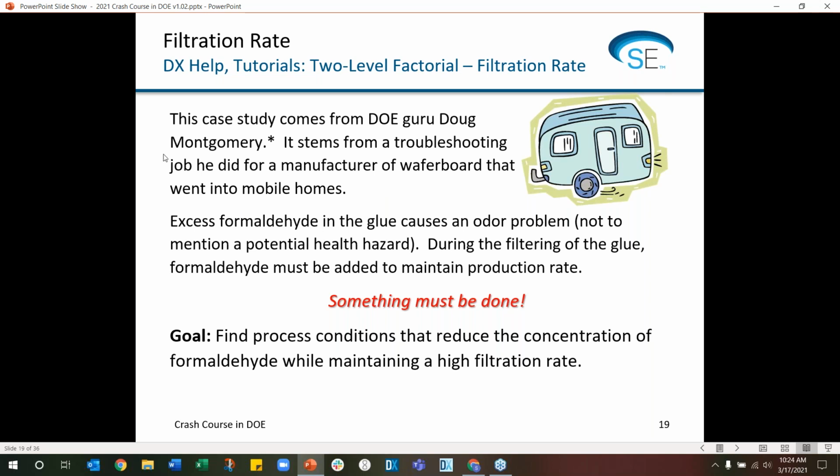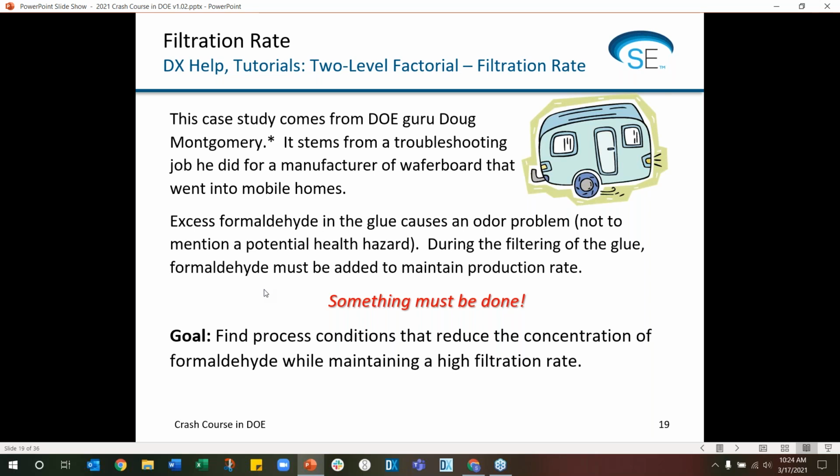The case study comes from Doug Montgomery. He is a professor at Arizona State University. And it comes from a job that he did for a manufacturer of the siding, wafer board, that is put into mobile homes, trailer homes.